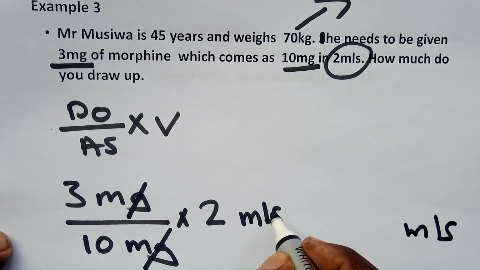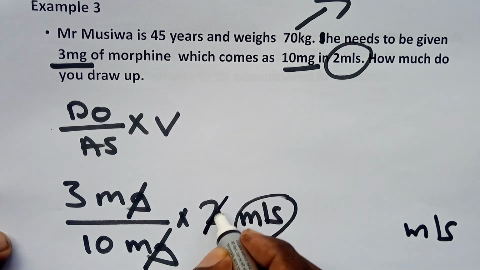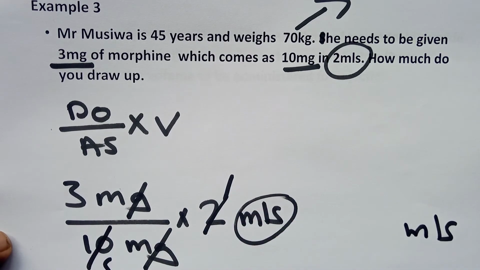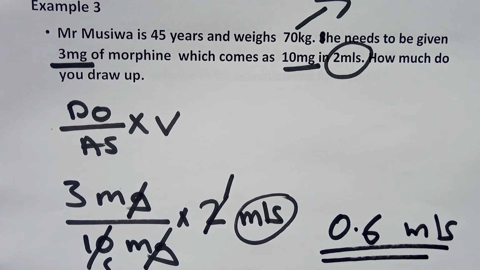If you divide, the answer is going to be 0.6 mils. So Mr. Msiwa will receive 0.6 mils of morphine.